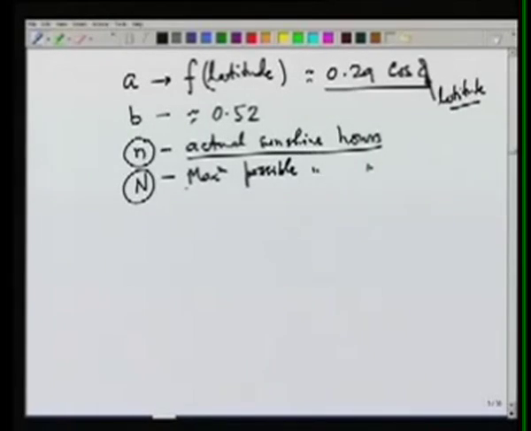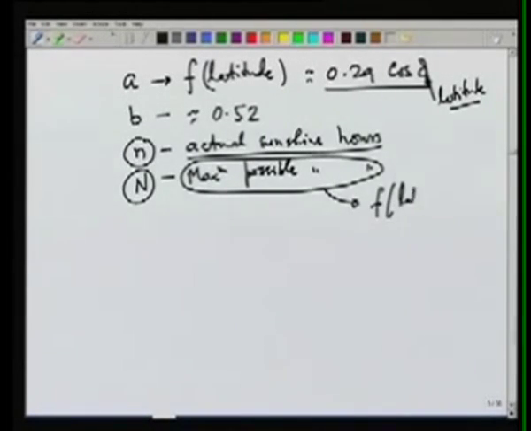Number of sunshine hours. N, of course, maximum possible sunshine hours is again a function of latitude and the time, latitude and month, and typically varies from 8 to 16. For example, if you have winter months at high latitudes, number of daylight hours may be as low as 8. If you have summer months near the equator, number of daylight hours may be as high as 16.